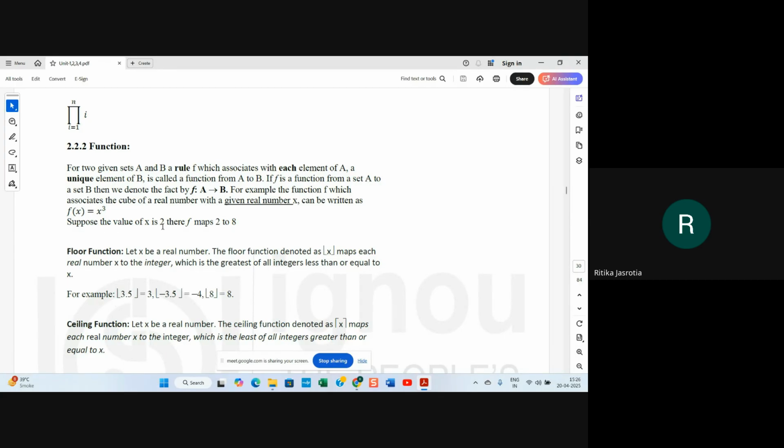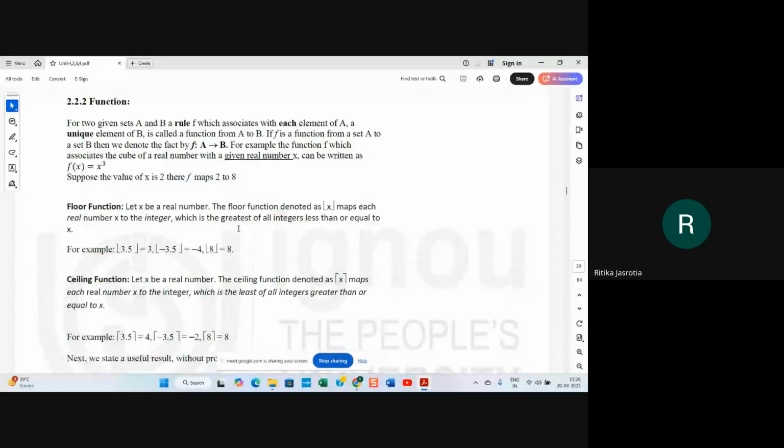Suppose the value of x is 2, then f maps 2 to 8, right? Because 2's cube is 8.